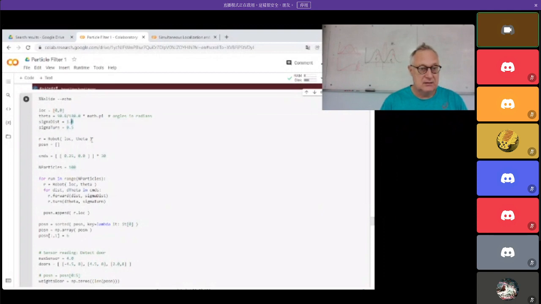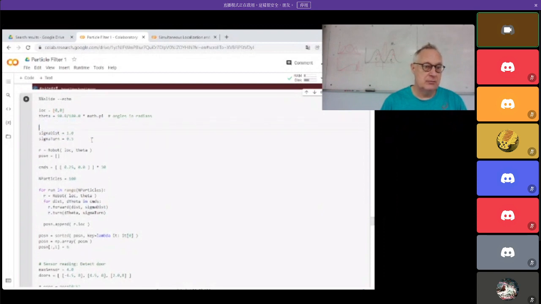And there are uncertainties for distance and turns in the motion. So this will be my motion model. Then I put the robot at that location and I give it a command to go to the right 30 times.